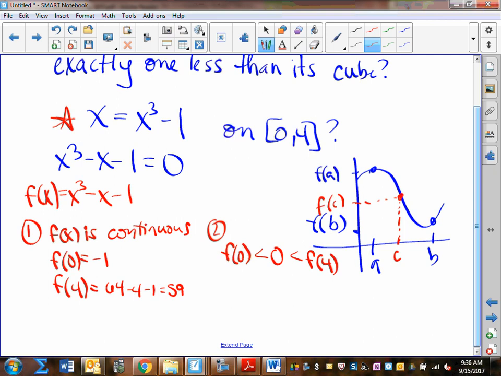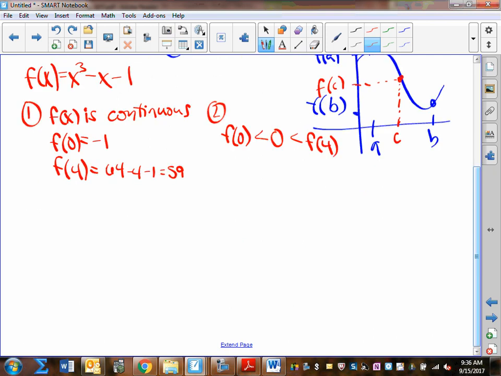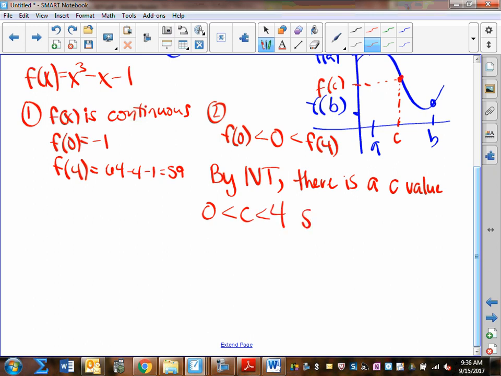Now we've actually got to go ahead and make our statement, because right now, all we've said is the conditions are met. But now we've got to say, yeah, we can actually make our conclusion. So now we can say, by IVT, the Intermediate Value Theorem, there is a C value where C is in between 0 and 4, so that f of C is 0.